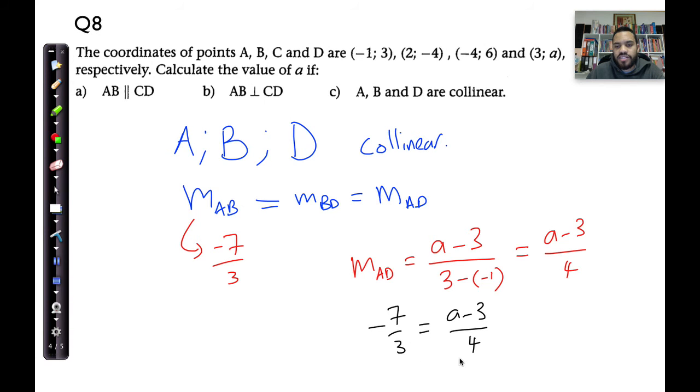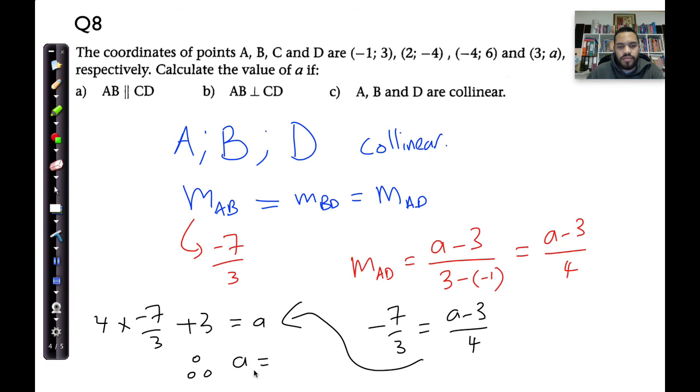A little bit of calculation there, I can find that it's going to be 4 multiplied by minus 7 over 3 plus 3 is equal to A. Therefore, A has the following value: minus 28 over 3 plus 3, which is minus 19 over 3. That's the value.